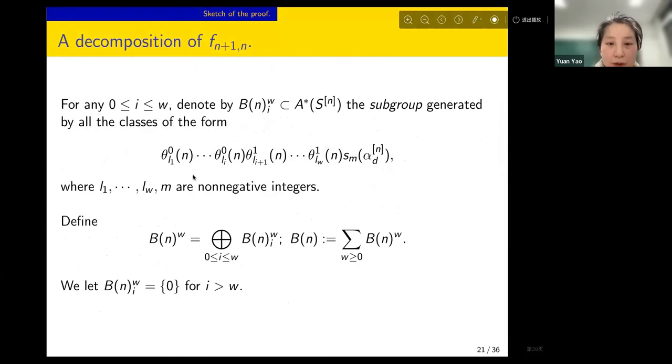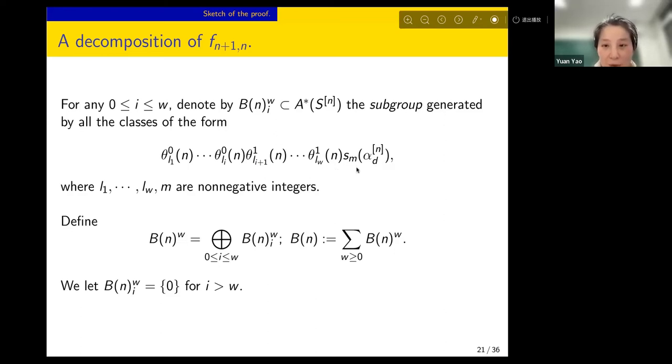So I have all these things, with which I define the subgroup. They are all related to the Chern integral of the ideal sheaf. Finally, I have one term, the class of what we want, this alpha n. So this is the subgroup generated.